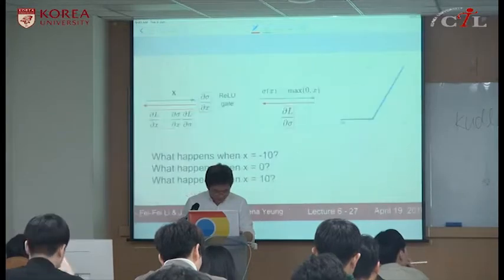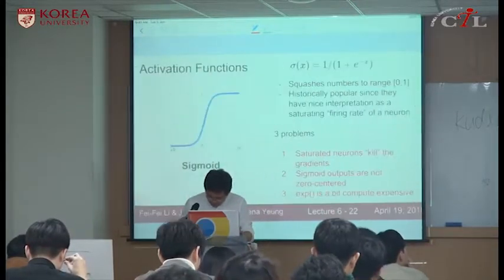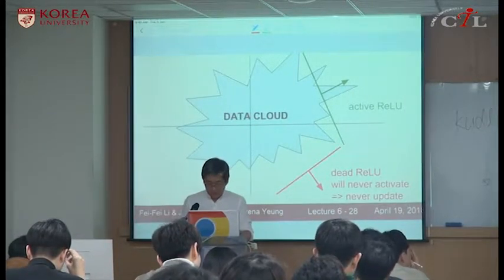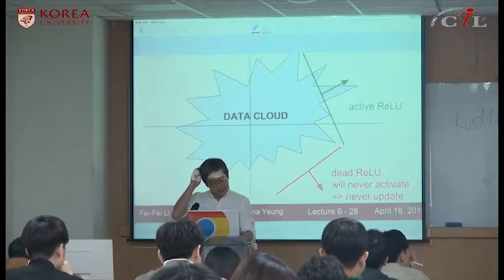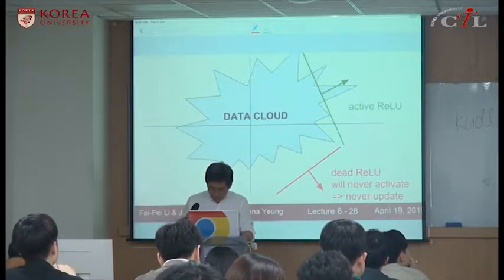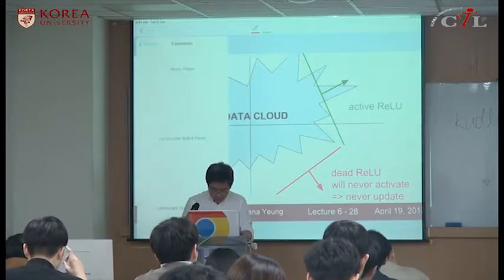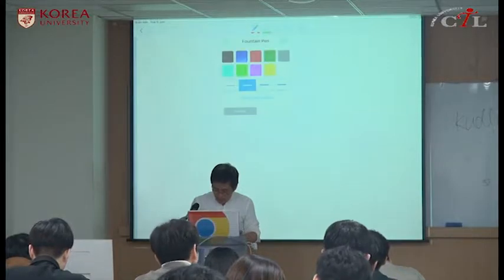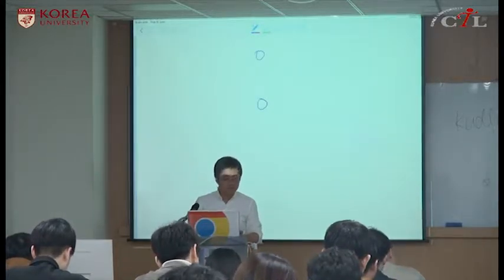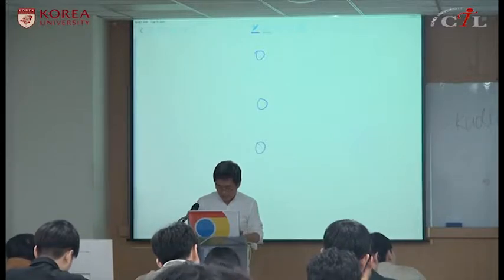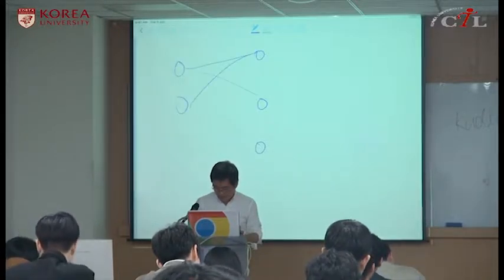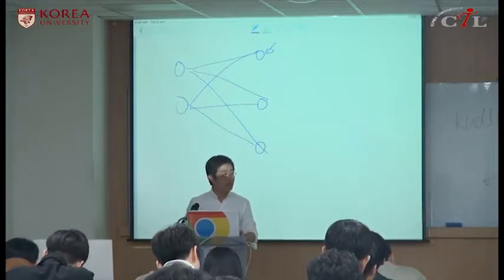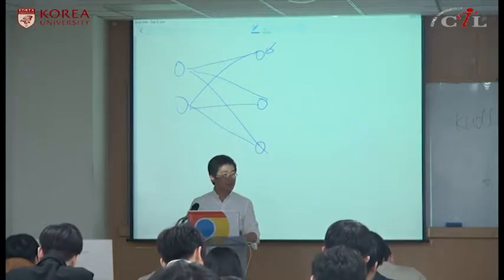Okay, then let's see. There was a question about the dead ReLU. Let me explain this in a little bit more detail. Consider multiple output nodes, and maybe 2 input nodes. Each output node will have its own linear transformation equation, right?